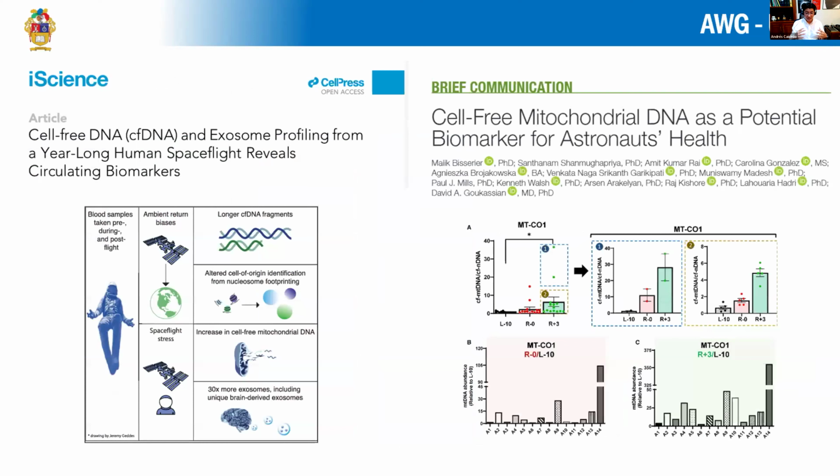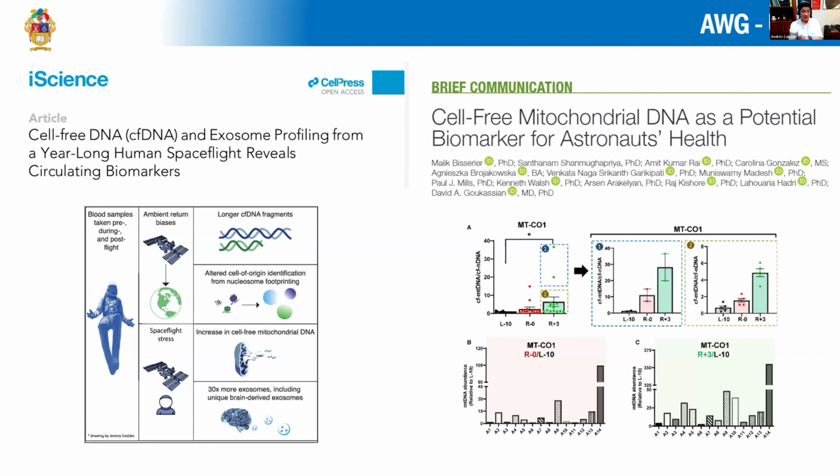Very interestingly, the AWG group and a group of amazing scientists, such as part of the team of Dr. Christopher Mason, observed in these liquid biopsies that there seems to be the presence of cell-free mitochondrial DNA when the astronauts are in flight.